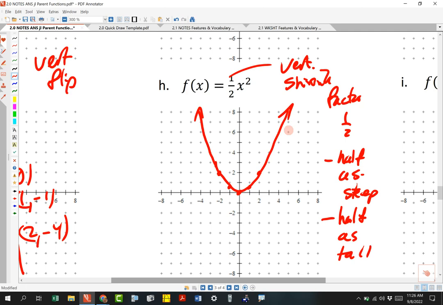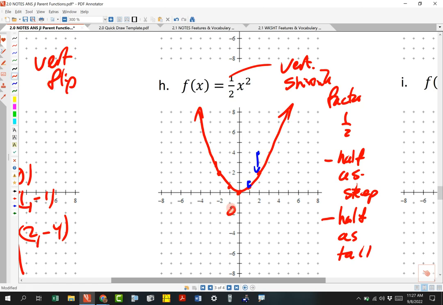We took the y values and we shrunk all of them vertically. So what used to be right here is now half as tall. What used to be right here is now half as tall. Yes, it looks wider, okay, and we could make an argument for that, and we maybe could down the road when you get to calculus or get to at least trigonometry. But what happened here was this was vertically shrunk by a factor of 1/2.